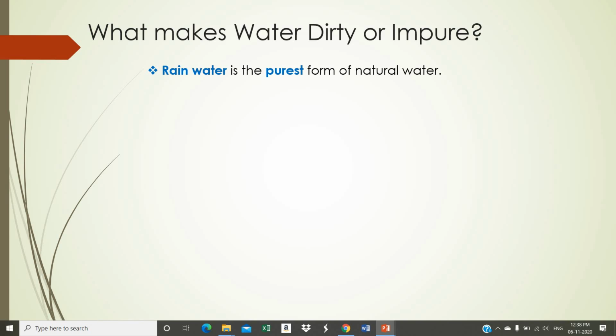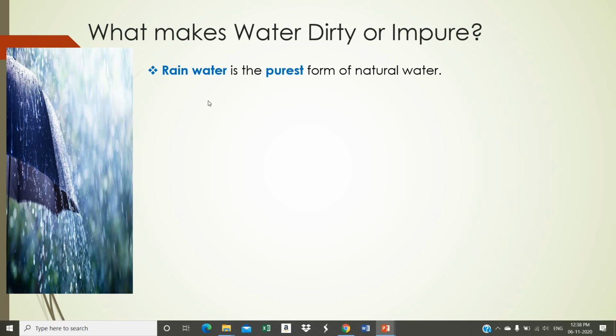So the purest form of water is rainwater. Rainwater is the purest form of natural water. So whenever there is rainfall, please always think that pure water is coming to you.